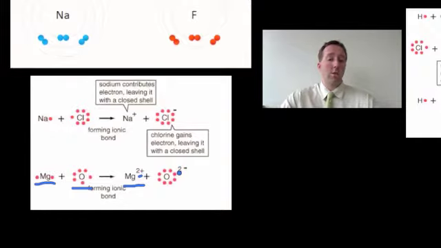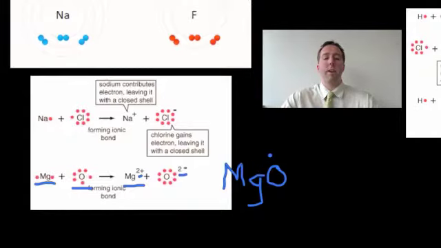Oxygen gains 2 electrons to become a 2 minus charge. Magnesium and oxygen join together because they're attracted to each other, forming magnesium oxide. That's another example of an ionic bond, and that's one way different atoms can join together to form different molecules.